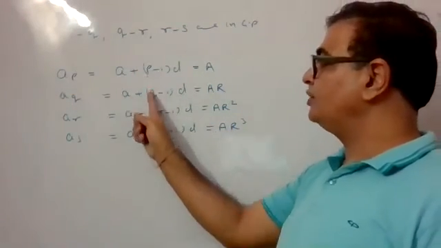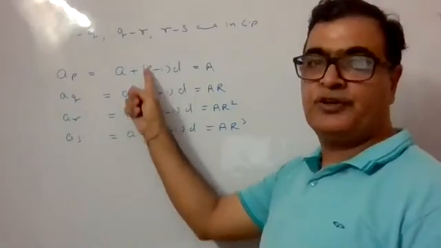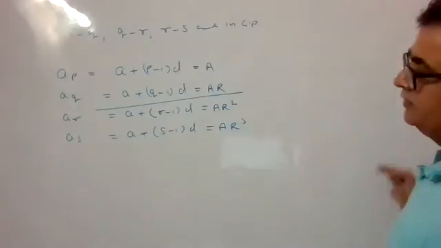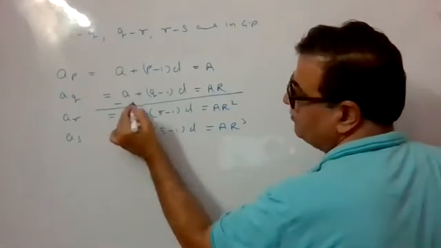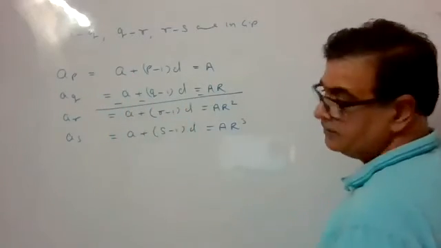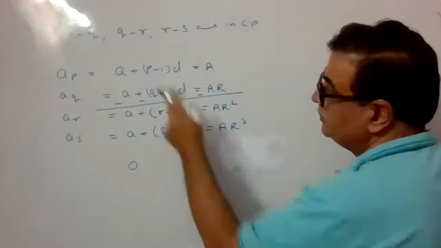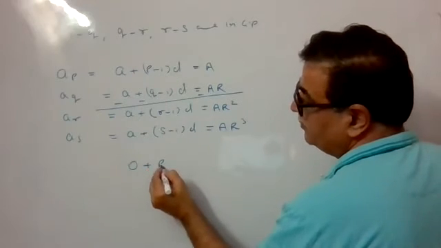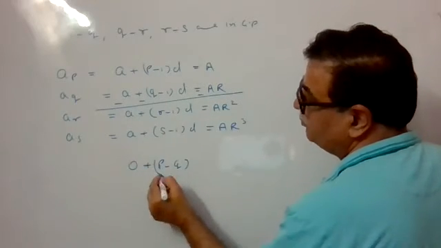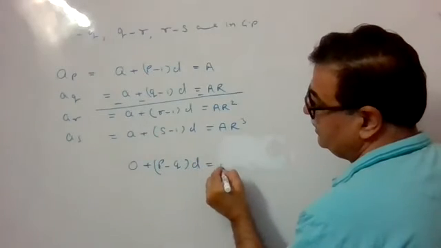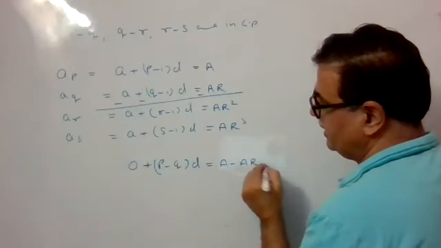So if I take P minus Q, I should take the difference of the two. Just check here, when you take the difference, it will be minus, minus, and minus, and the first term will come 0. This will come P minus Q, because 1 gets cancelled out, into D, equal to A minus AR.